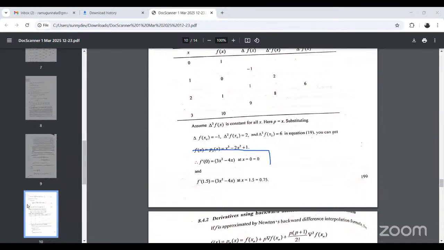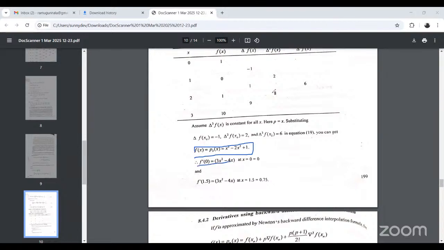So from here, f of x is x cube minus 2x square plus 1. From here, we can find any value; they are asking for any value in the interval 0 comma 2. So this is the function, no? f of x equals x cube minus 2x square plus 1. From here, we can find any value.